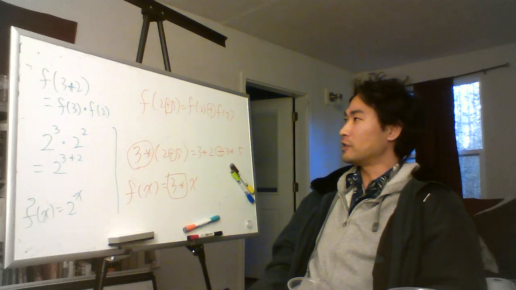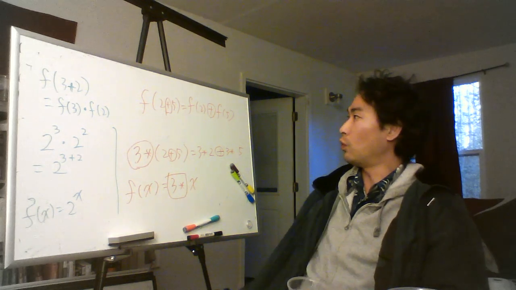Okay, so endomorphism is where the domain is equal to codomain.